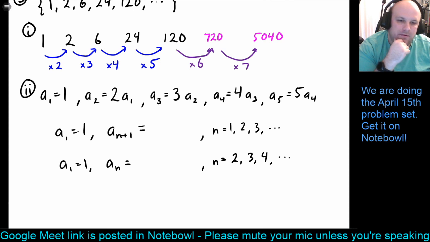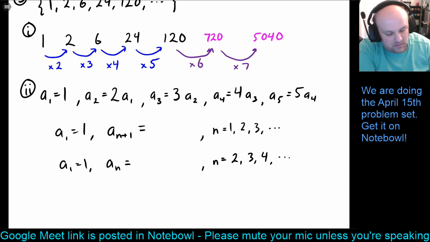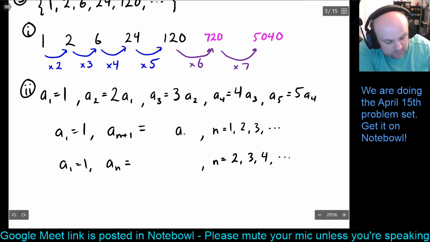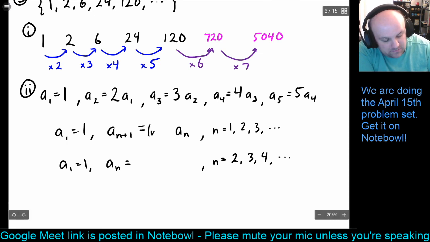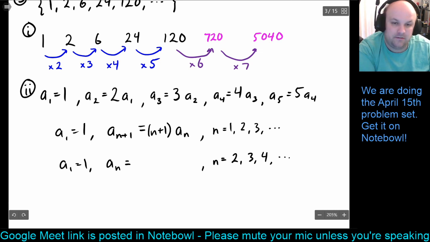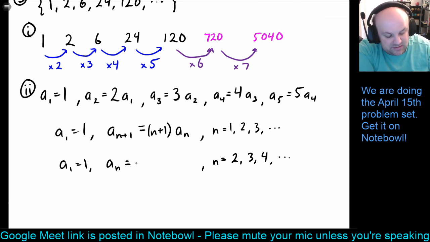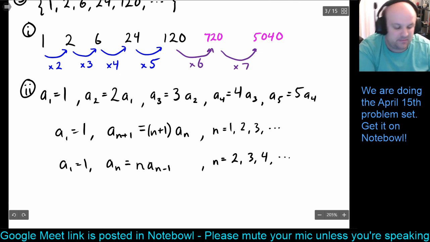All right. So here, if we look at the pattern, we're always taking the previous term, and the number we multiply it by is this index here, right? So the thing we're multiplying a1 by is 2. The 2 matches here. The 3 matches here. The 4 matches here. So this would be a_(n+1) = (n+1) times a_n here. Or if we used this version, this is a_n = n times a_(n-1).